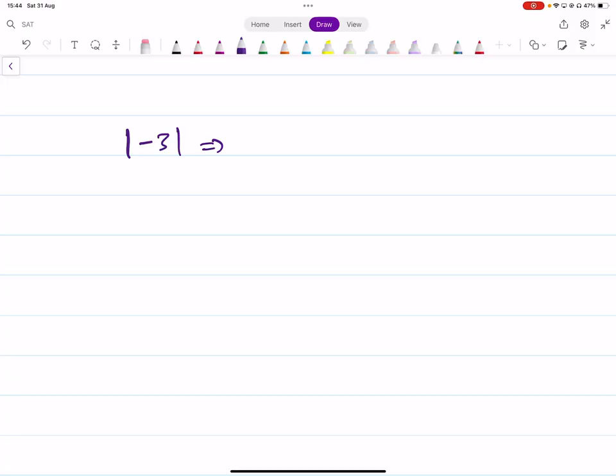So this is the sign that we use for this, these two vertical lines. And this is read as modulus or absolute value of -3. All this function does is it makes whatever is input inside it positive.